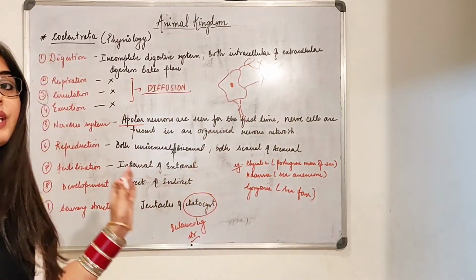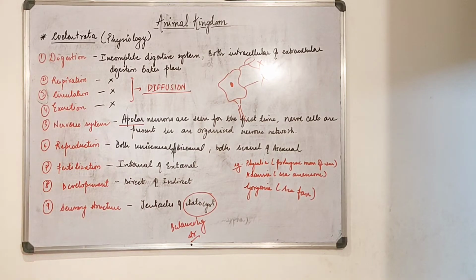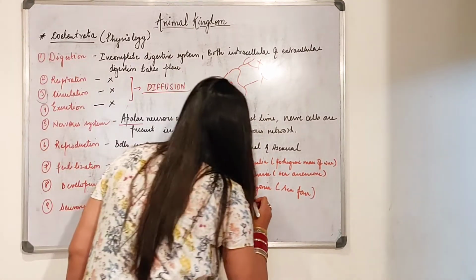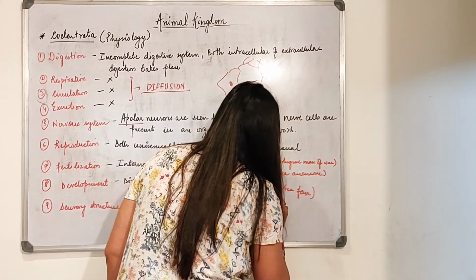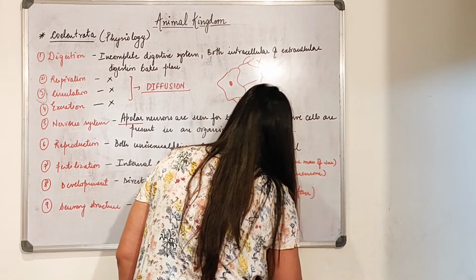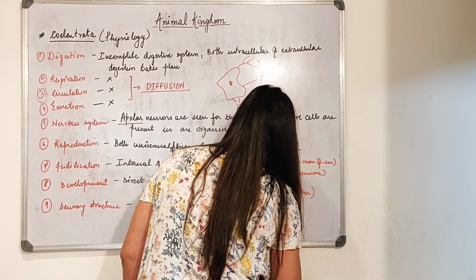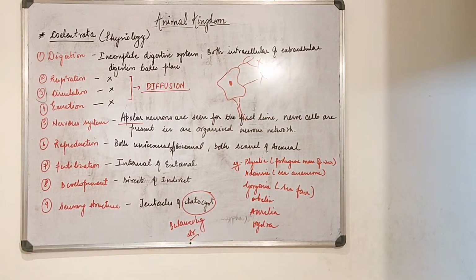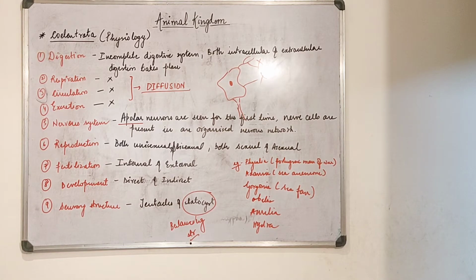Please note down each and every example. It is super important. Then comes Obelia, Aurelia, Hydra. Obelia, Aurelia, Hydra, Gorgonia, Adamsia, Physalia, then Pennatula and Meandrina, that is the brain coral.